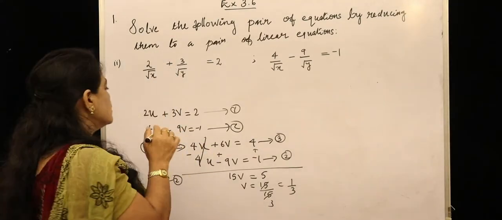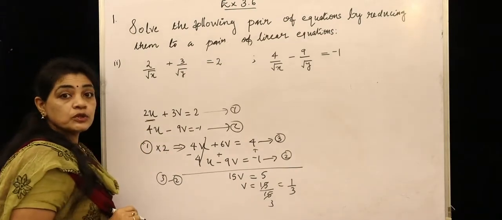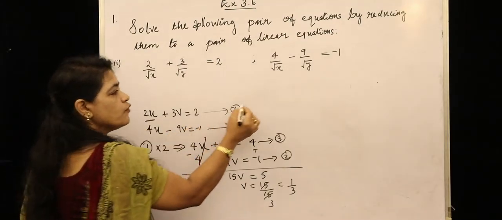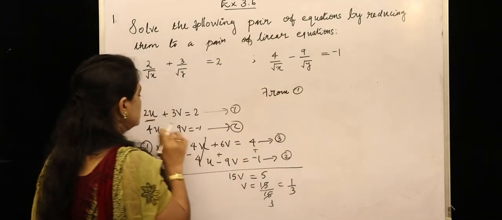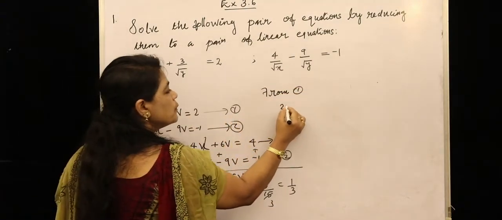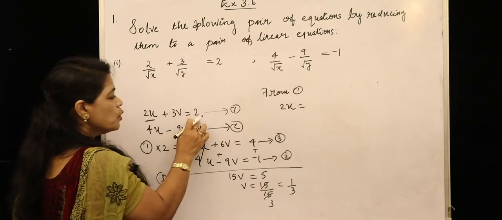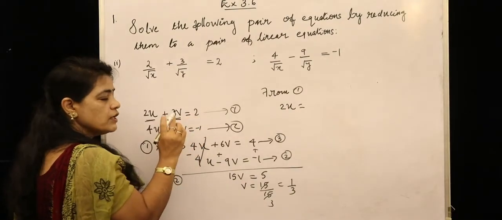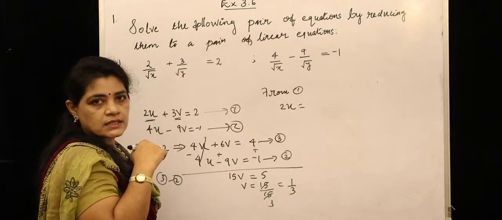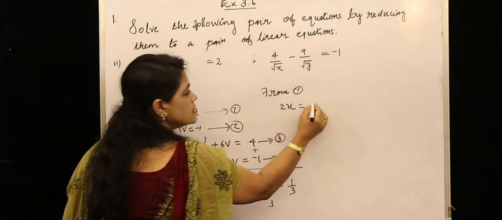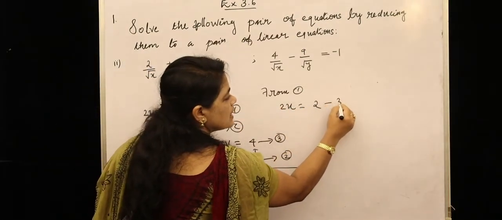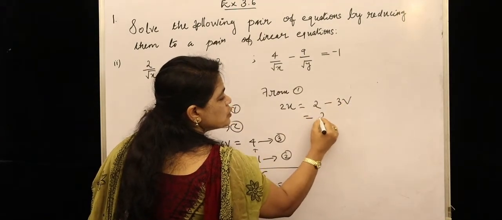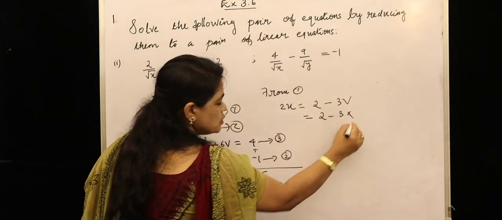That is here 2u with respect to 2u, that is from equation 1. 2u is equal to, this 3v should be taken to the RHS. Already 2 is there on the RHS, and plus 3v becomes minus 3v, or 2 minus 3 into what is v?